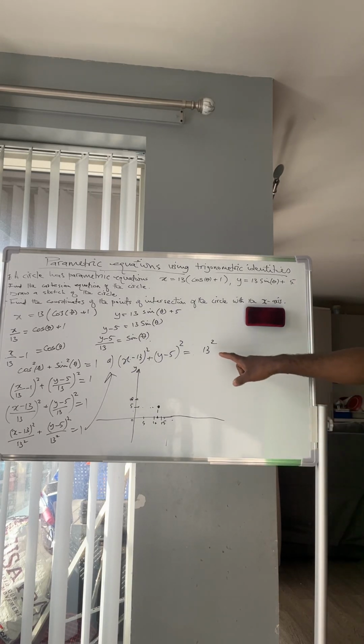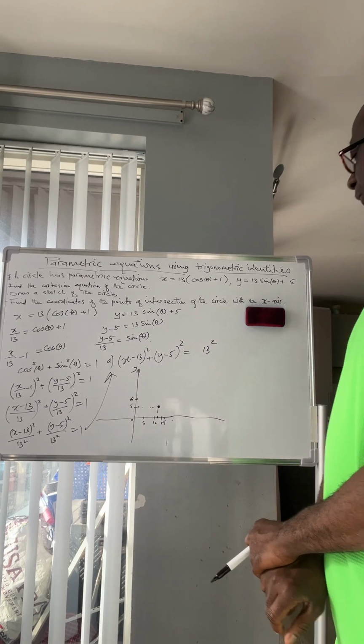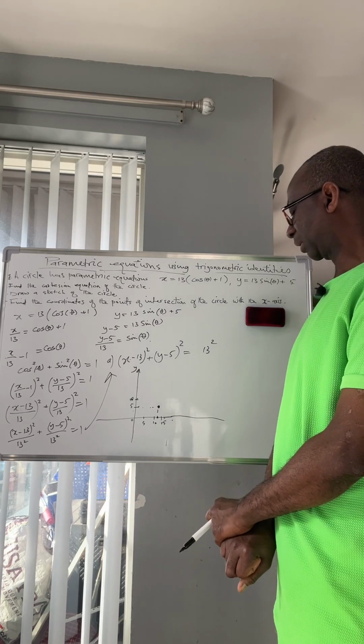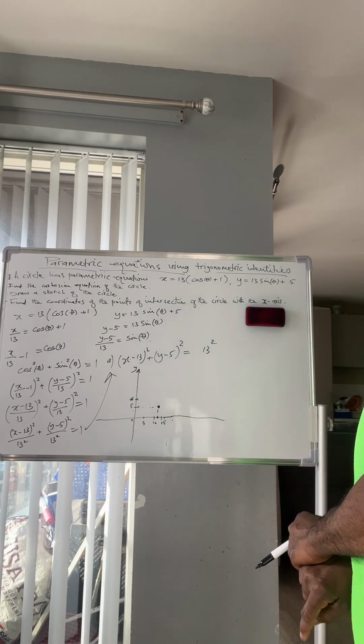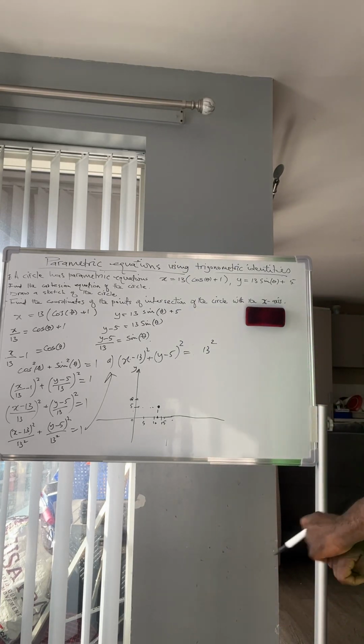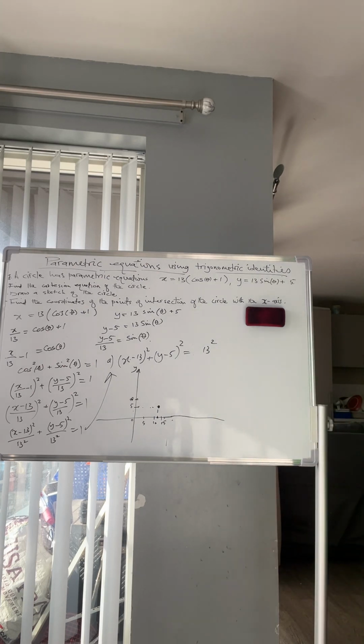And the radius, we are told, is 13 squared. So if you want to find the value of the radius, the square root of 13, because you now have radius squared is 13.